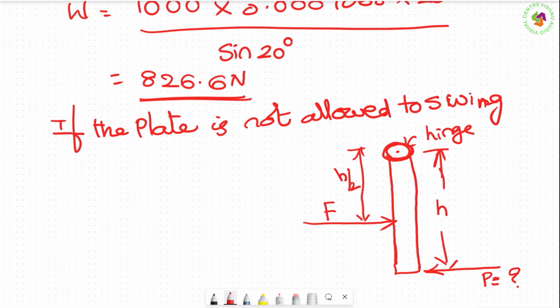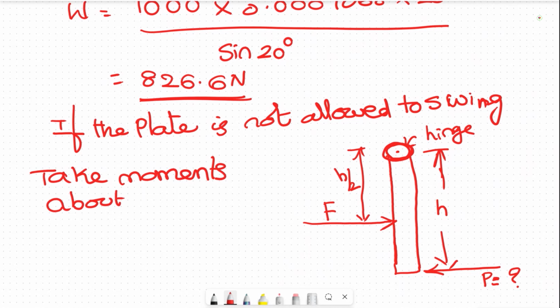So now if I take moments about the hinge, therefore F into h by 2 minus P into h is equal to 0.